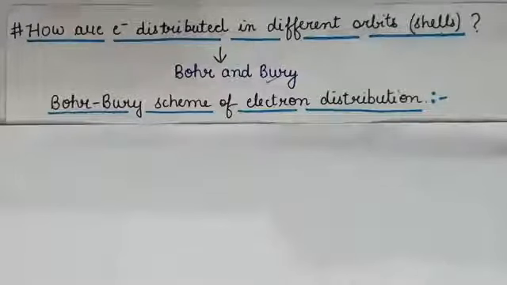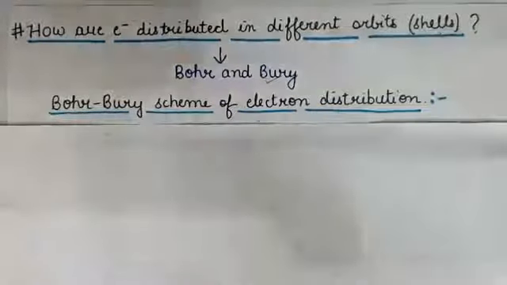Now, there are some rules which are followed for writing the number of electrons in the different orbits. So what are those rules given by Bohr and Bury?